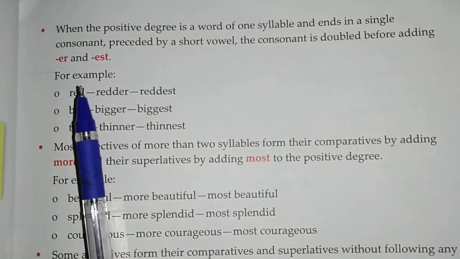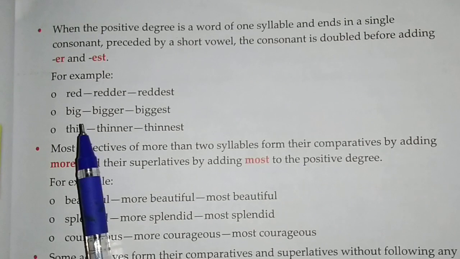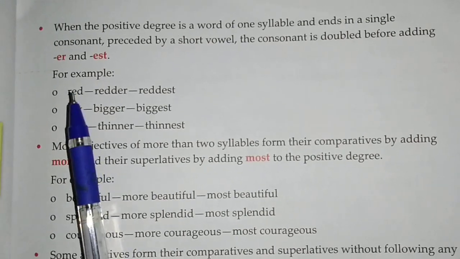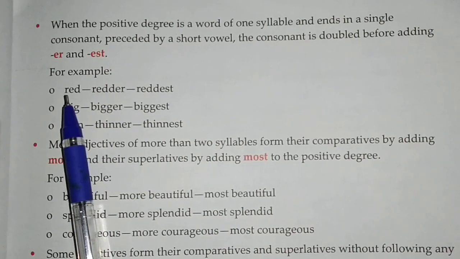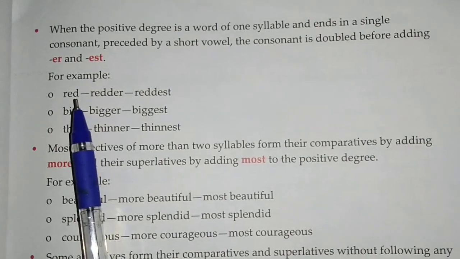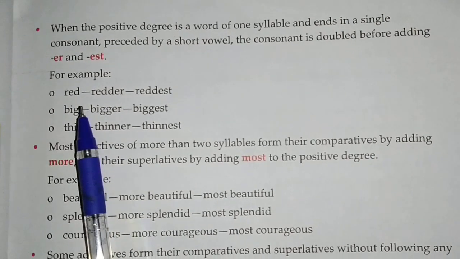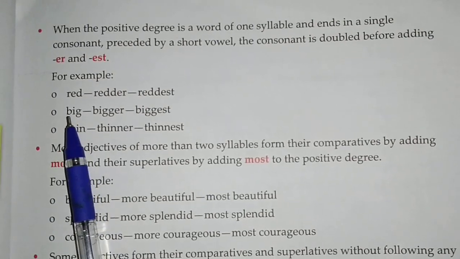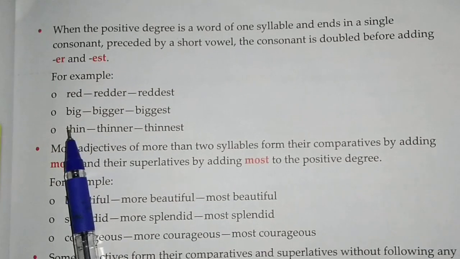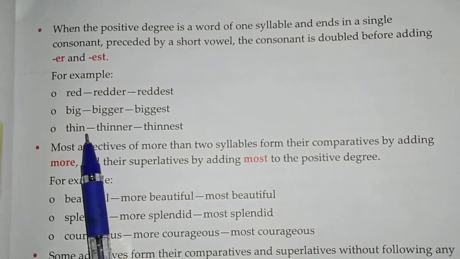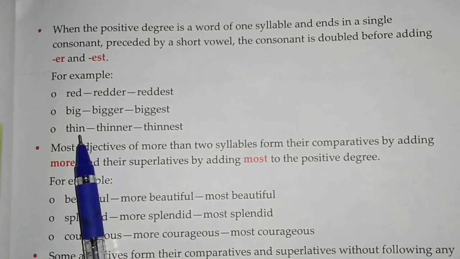We find that the format of these spellings is first a consonant, then a vowel, and then again a consonant. In this case also consonant, vowel, again consonant, right?